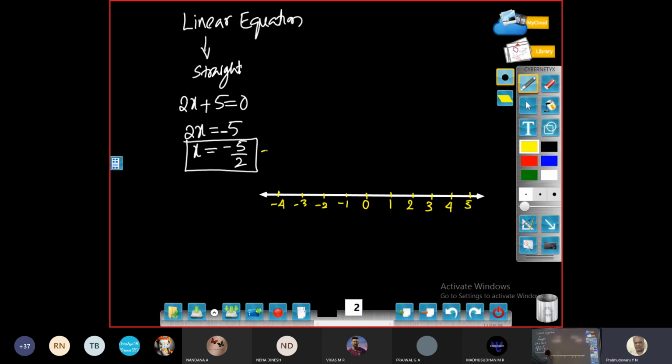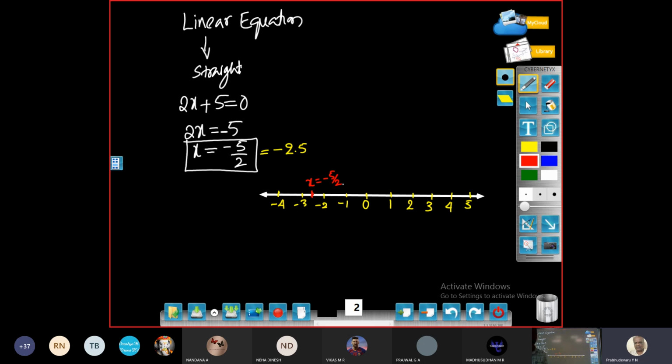It is the same as minus 2.5, so it is exactly here. This is x is equal to minus 5 by 2. That is the point on the number line. Like this, you have learned how to represent the values on the number line.